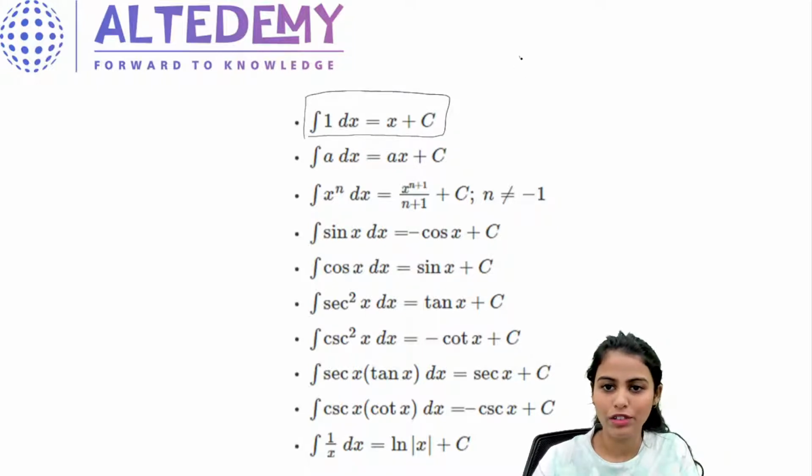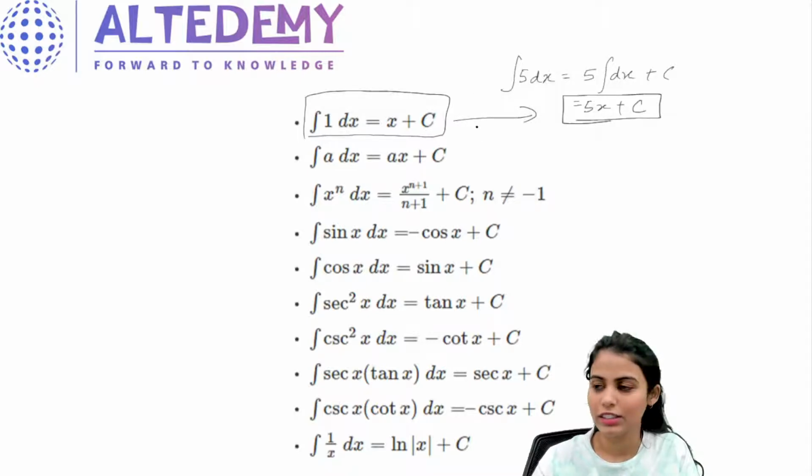For example, integration of 5 dx: we take out 5, integration of dx plus c. Integration of dx, nothing is written, is x plus c. This is the answer. Another example: integration of a dx plus c, same thing. Let's suppose 5 is a, so x plus c.